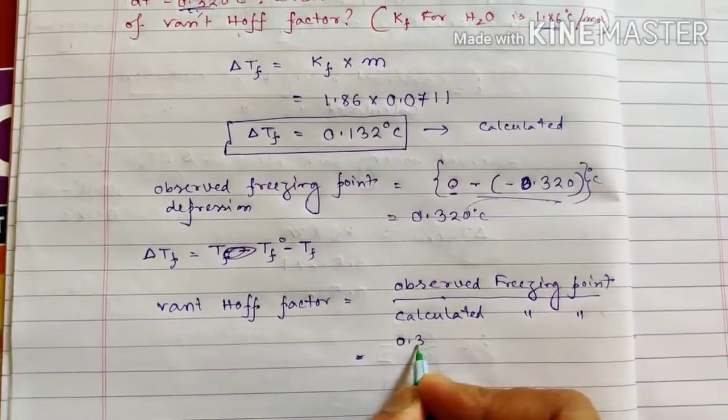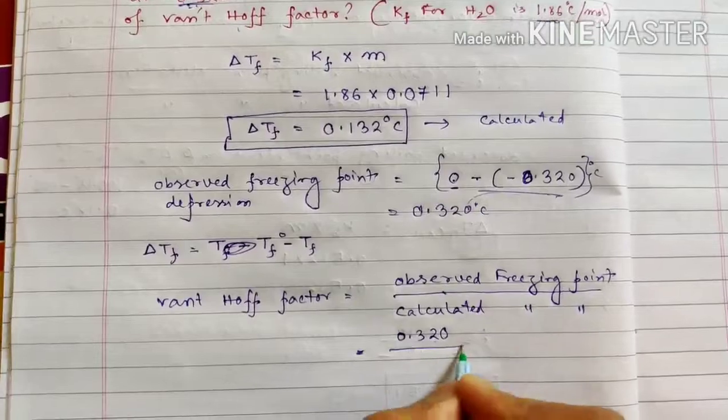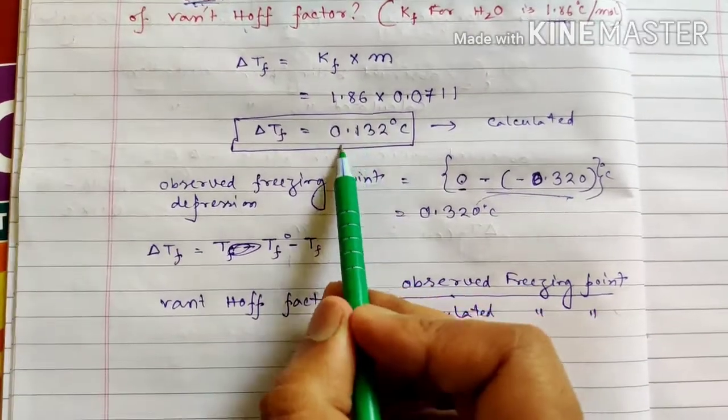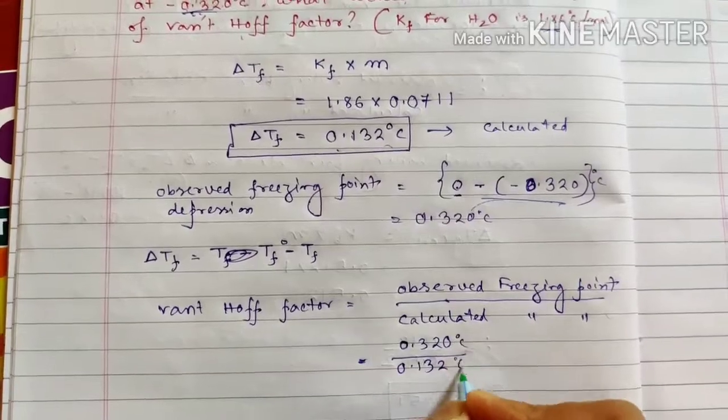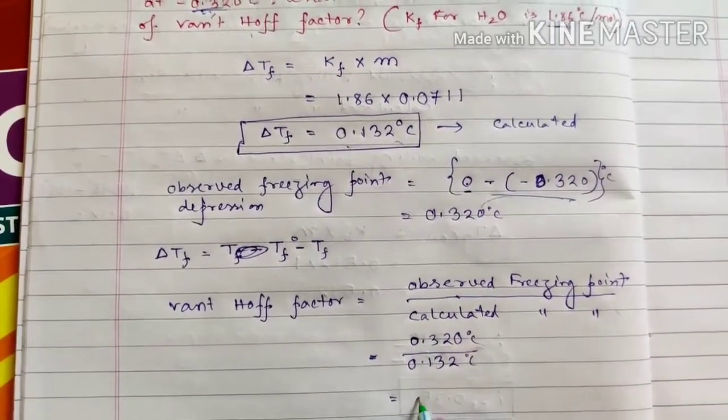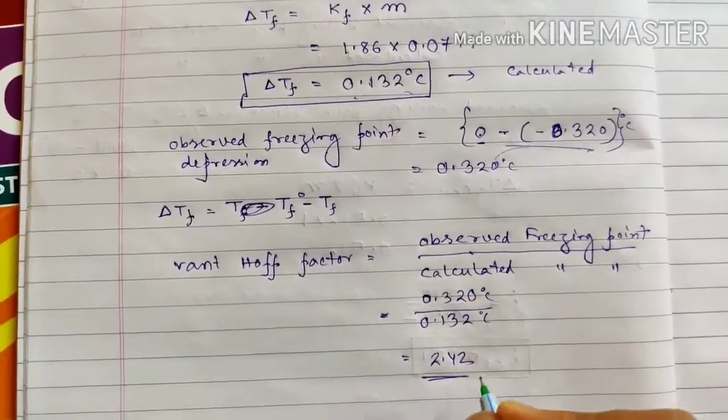So it is 0.320 divided by the calculated 0.132. If you calculate this, it will be 2.42.